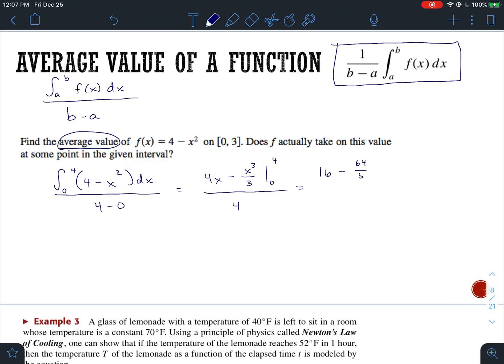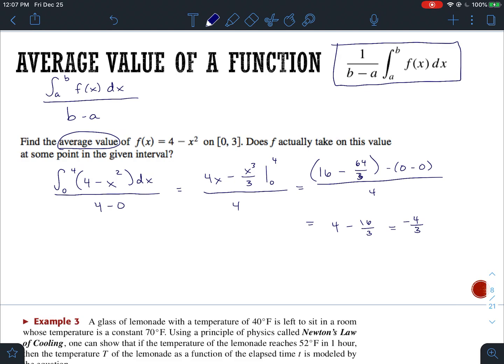So this is going to be 16 minus 64 over 3, and then minus 0, all over 4. And so this is going to be 4 minus 16 thirds, which would be negative 4 thirds, I believe.